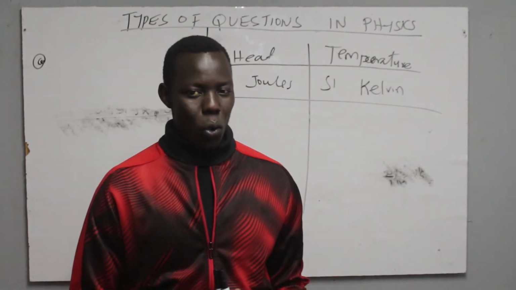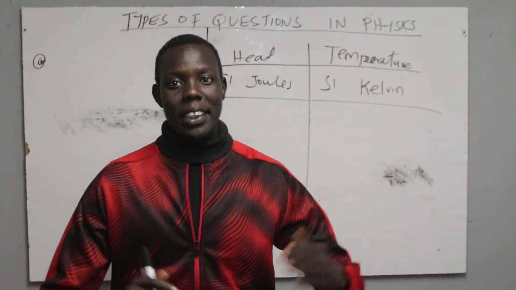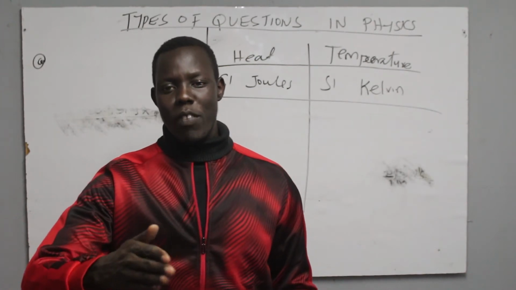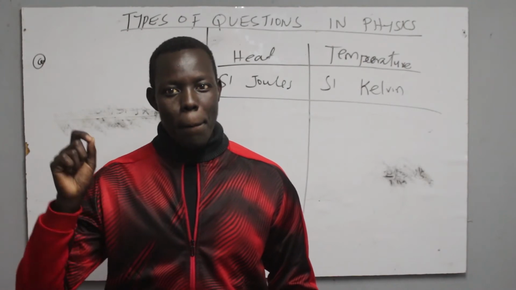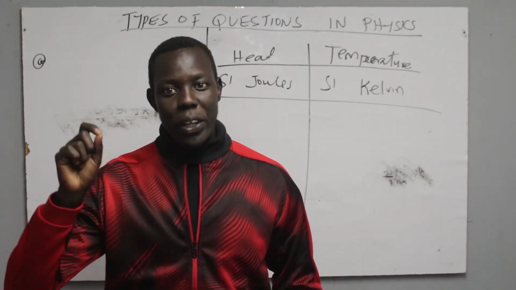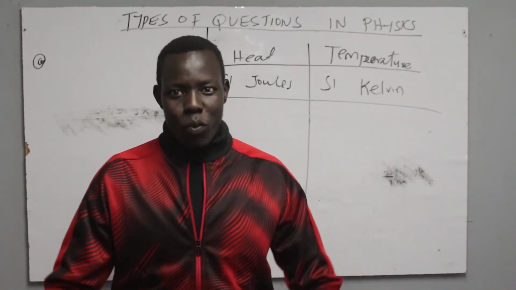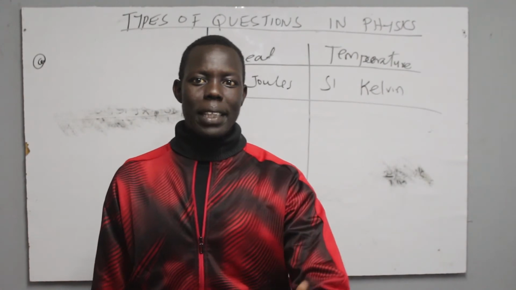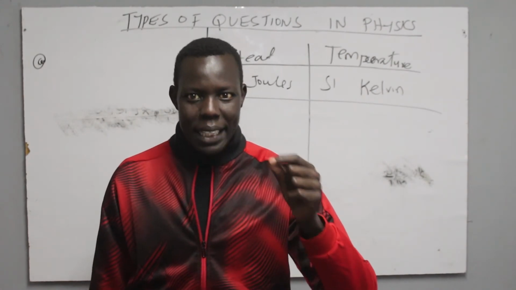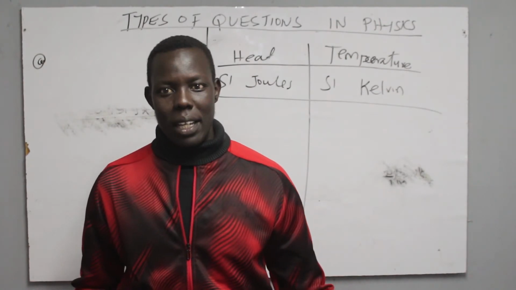What makes alcohol to be used in winter countries as a thermometric liquid is the fact that alcohol has a lower freezing point than mercury. So because it's a comparative question, you also need to understand the question very well. If it's a comparative, please let the examiner see comparative language in your work.